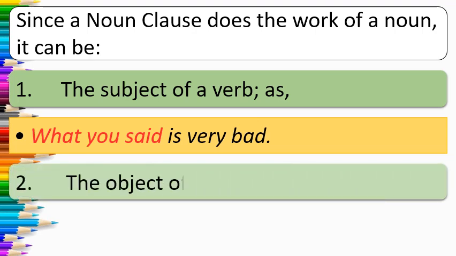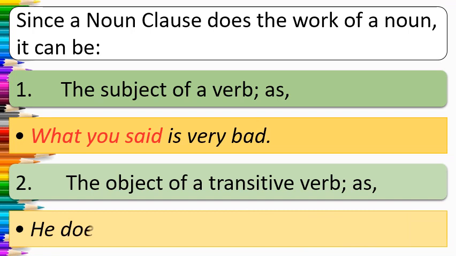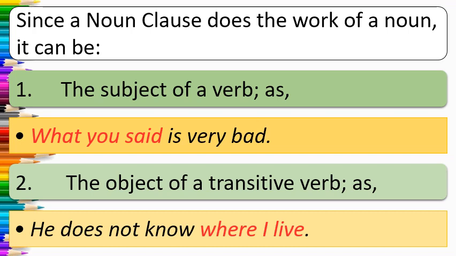Now the next is the object of a transitive verb. Means a noun clause does the work of the object of a transitive verb. How? Let us see an example to clarify it. He does not know where I live. So here, as you can see, where I live is an object of the sentence.